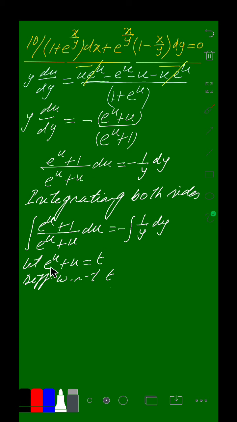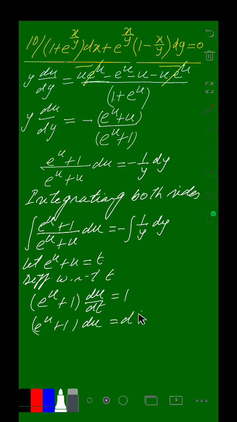We get e raised to the power u, and differential of u is 1, du upon dt is equal to differential of t with respect to t is 1. Transposing dt to this side, we have e raised to the power u plus 1 du is equal to dt. So replacing e raised to the power u plus u by t, we get e raised to the power u plus 1 du is equal to dt. So our equation becomes 1 upon t dt is equal to minus integral 1 upon y dy.